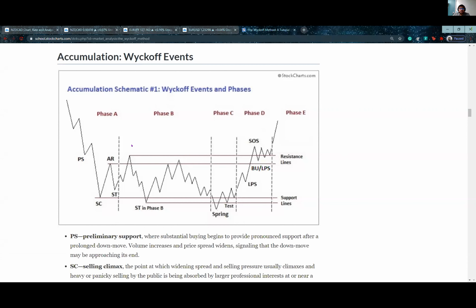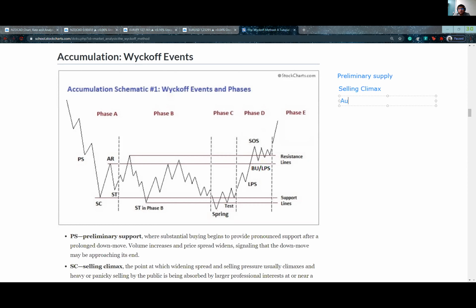So right here, if we annotate this, we're going to have the preliminary supply, right? We're going to have the selling climax rather than the buying climax, but it's going to serve the same purpose as a buying climax.